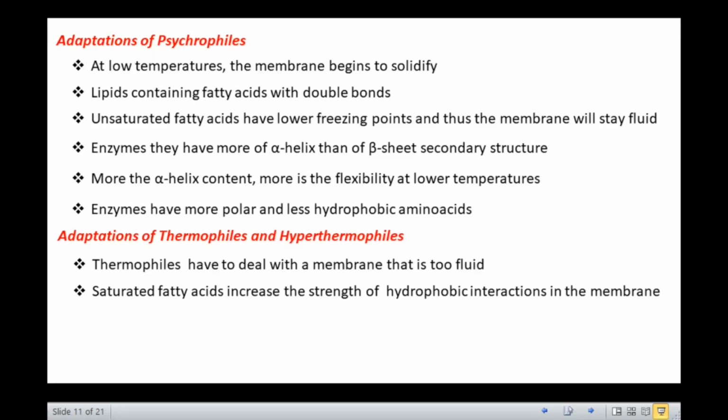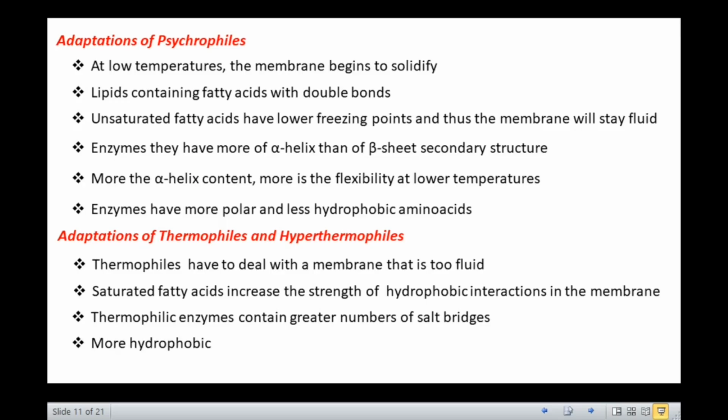Some thermophilic enzymes contain greater numbers of salt bridges, and it is thought that these ionic interactions play an important role in stability. Comparison of homologous proteins of mesophiles and thermophiles reveals that proteins from thermophiles have more hydrophobic amino acids with branched side chains.